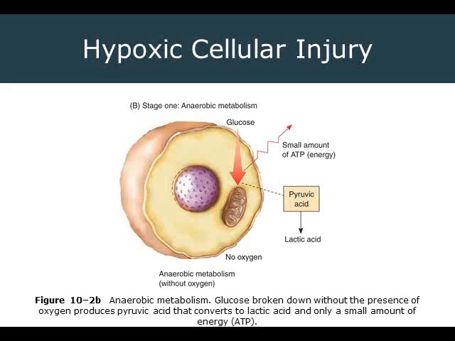Remember that normal PaO2, which is the partial pressure of arterial oxygen, is 85 to 100 millimeters of mercury. It just so happens to coincide with what we consider a livable range of SpO2, the O2 saturation on the pulse ox. 85 to 100 is what most people consider a livable range.